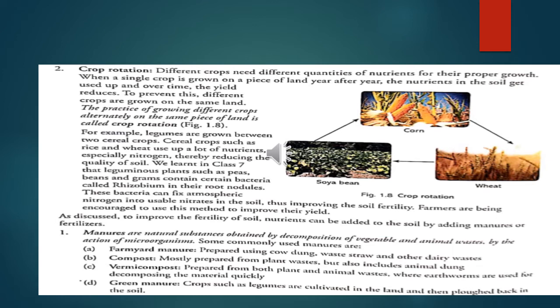As a result, our yield will increase. So this is a very easy technique. You have to grow a leguminous plant between two other crops. Here the example is soybean, wheat and corn.